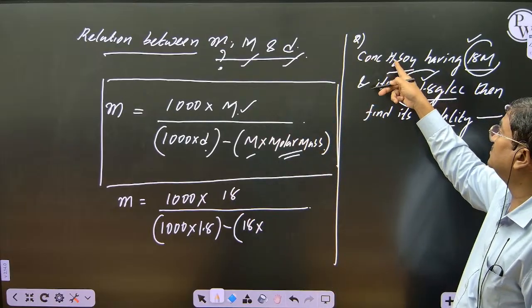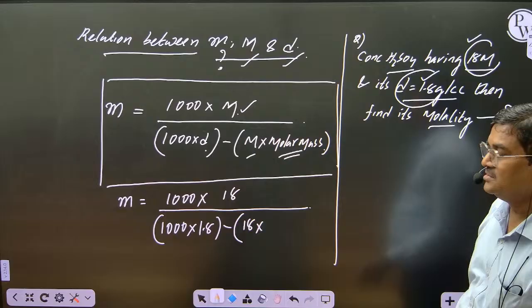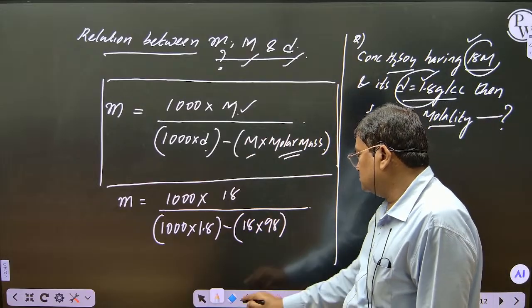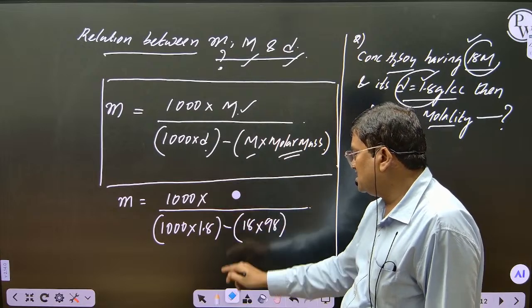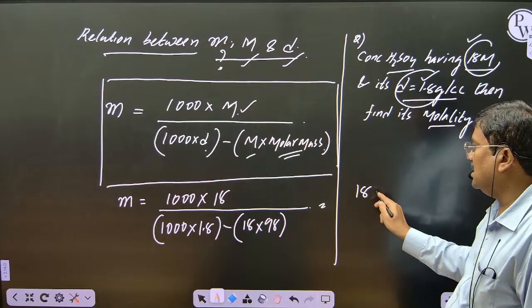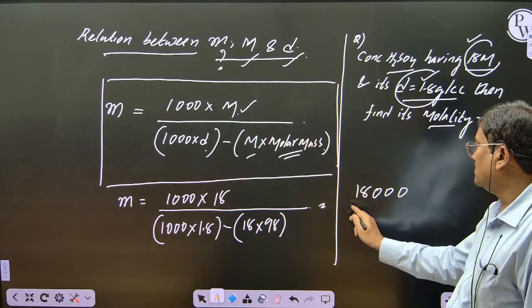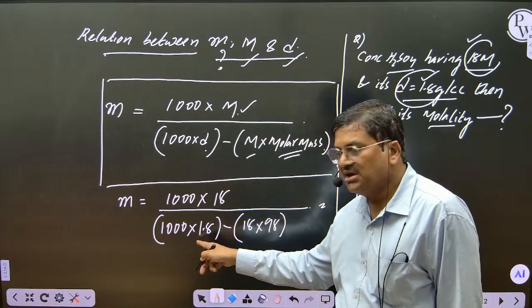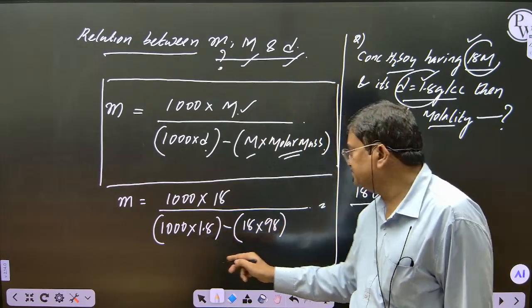Sulfuric acid, you know, 2 plus 32 plus 64, that comes 98. Now the numerator, 1000 into 18 comes 18,000. In the denominator, 1.8 into 1000 is 1800.